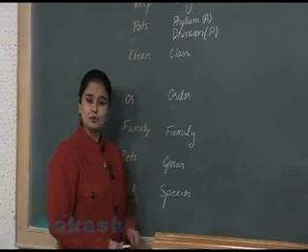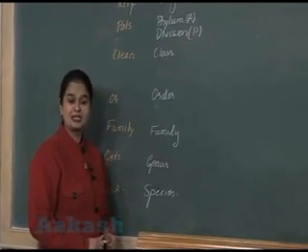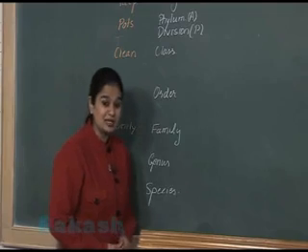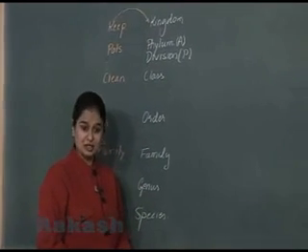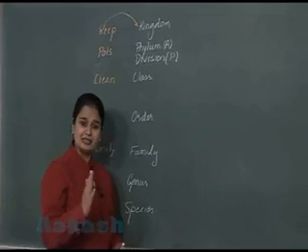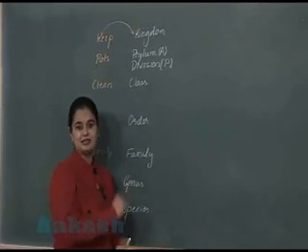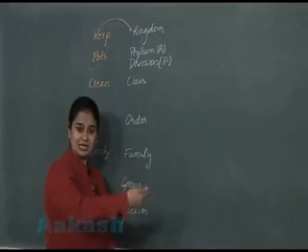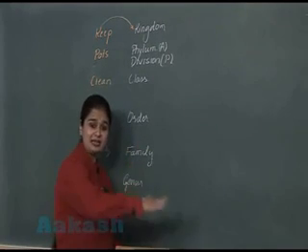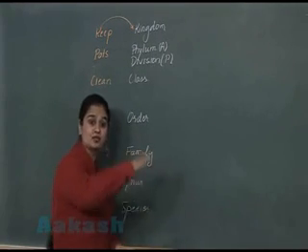Now, according to the rules and regulations of ICBN, that is International Code for Botanical Nomenclature, for different categories, specific endings should be there. For different category names, there is a specific suffix.